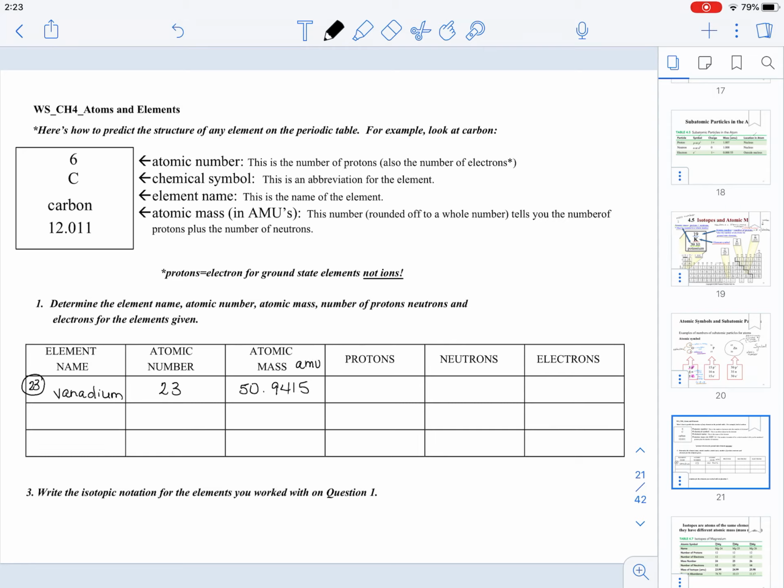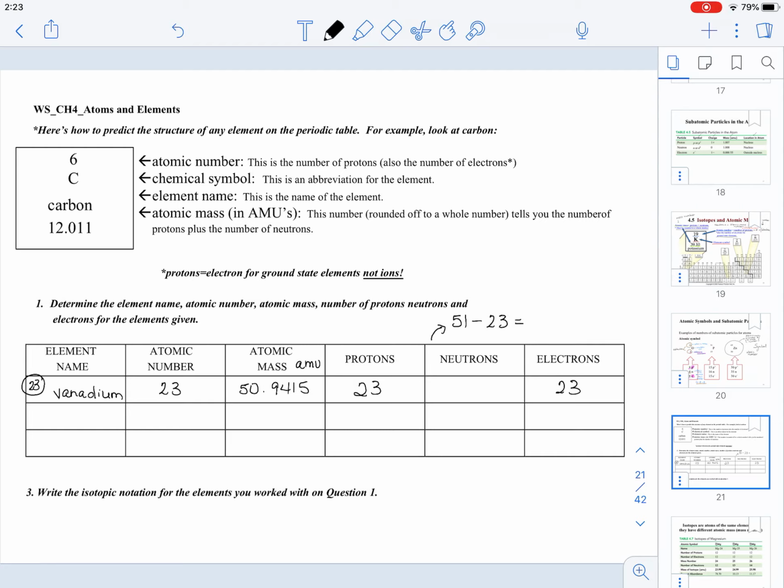Okay. Now, when it comes to the protons, again, is going to equal the atomic number. So there's going to be 23 protons and there will be 23 electrons because I'm talking about ground state vanadium. When it comes to the neutrons, they're going to come from atomic mass. So I'm going to round to a whole number, which is going to be 51. I'm going to subtract 23 from that.